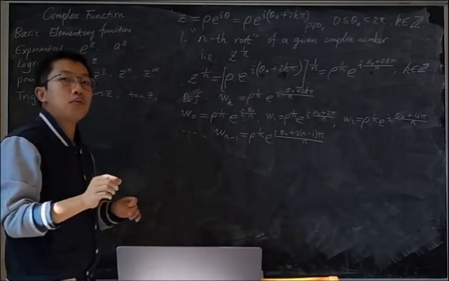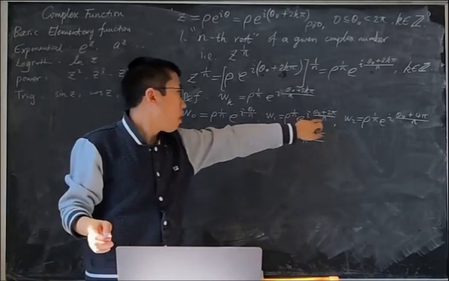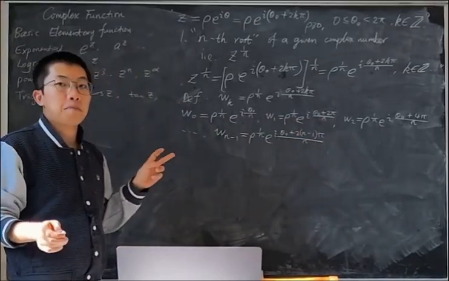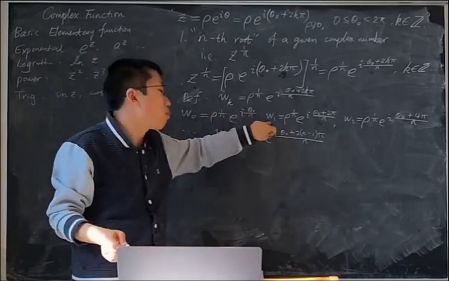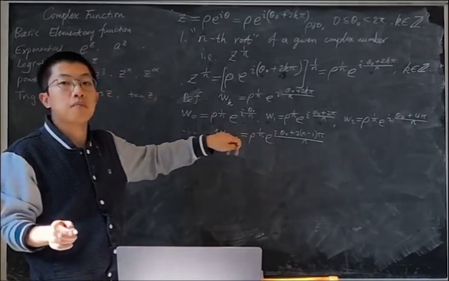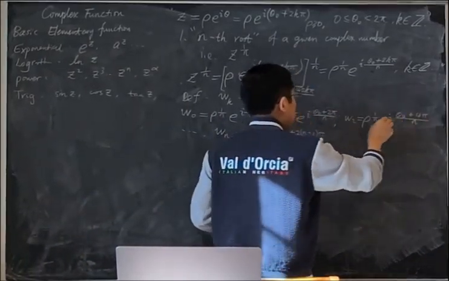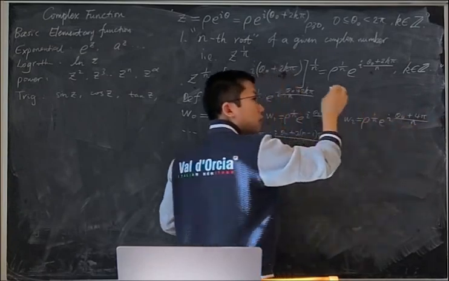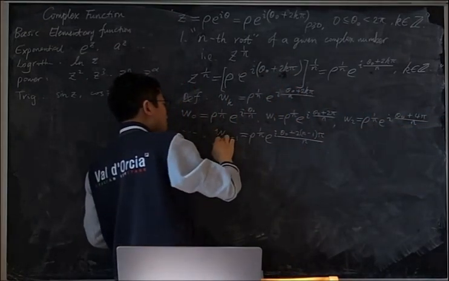When n is like 3, 4, 5, 6, 7, obviously, the difference between the argument is not 2 pi. So this one and this one are not exactly the same number. And for this one, the difference between this and this is another 2 pi over n in the argument. It's again not the same number, all the way until we reach w n minus 1.